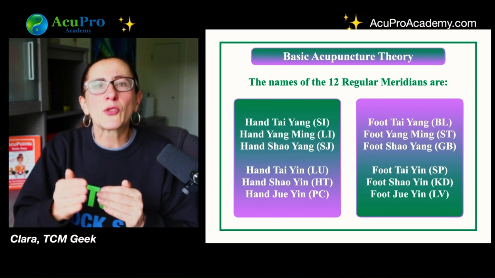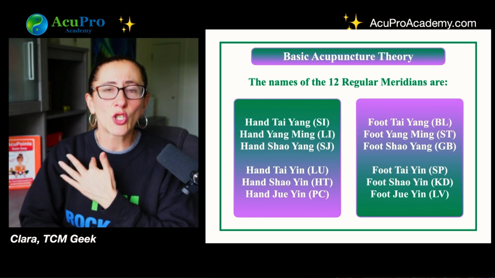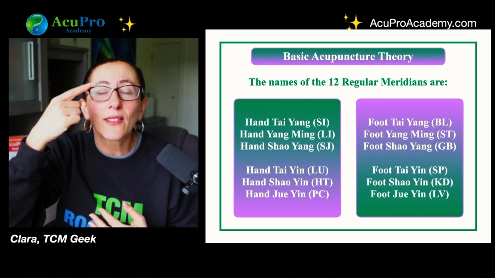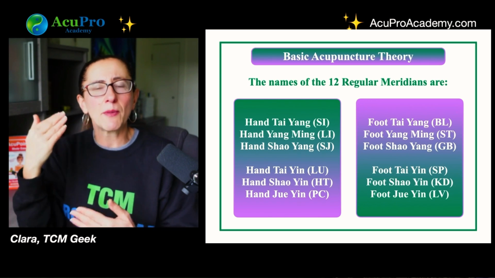So it's in between the sanjiao at the shoulder and the back of the shoulder, but it starts coming up to the front, right? It ends up in the front. So it's front and back, yin and yang.